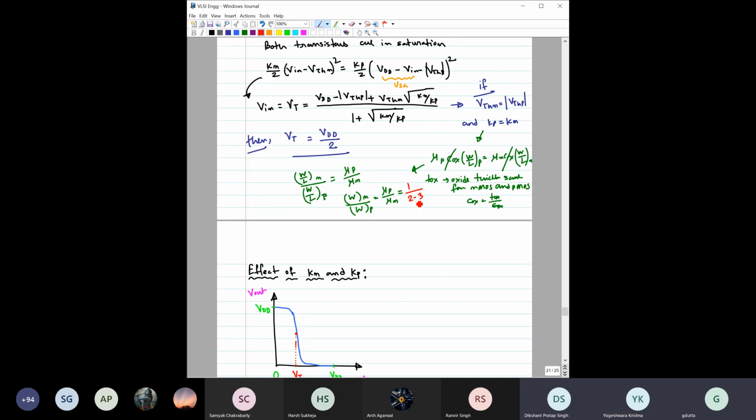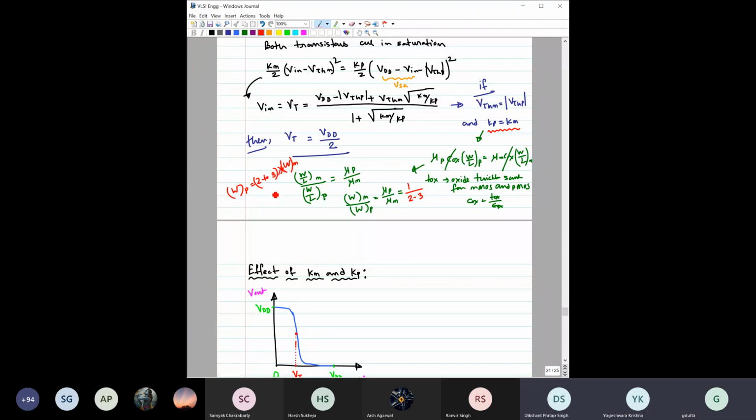So you can understand that in order to make Kp equal to Kn, or the VTC symmetric, you have to make Wp equal to 2 to 3 times Wn. Have you understood?